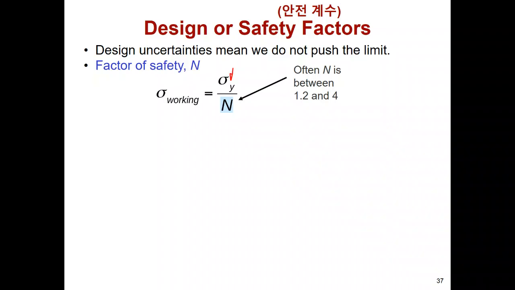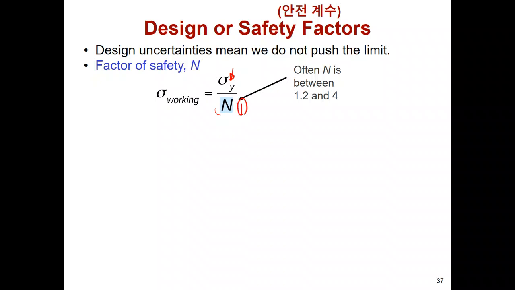A solid material has a specific yield strength. If the stress does not exceed this yield strength, we don't need to worry. But we are not sure how much force will be applied to this solid material. So at that time we should put in a proper margin, so this n is slightly larger than 1.